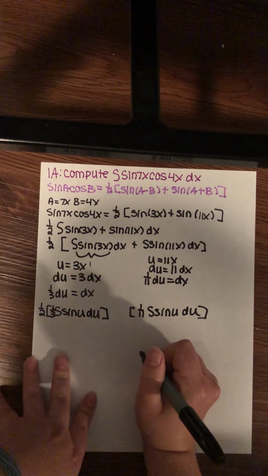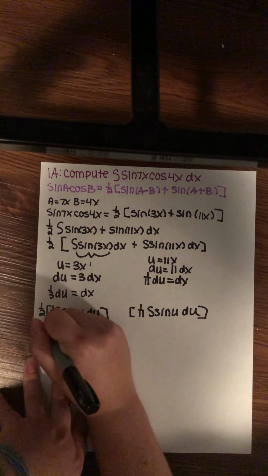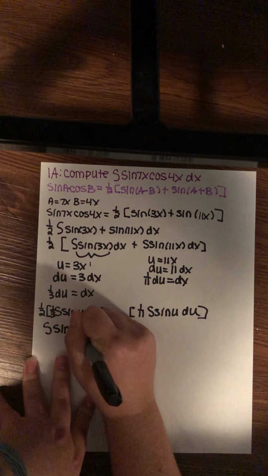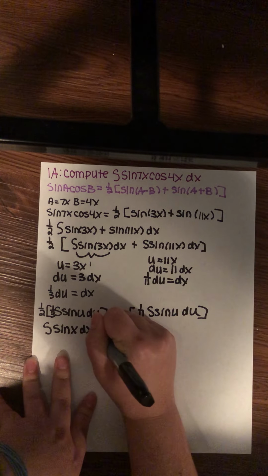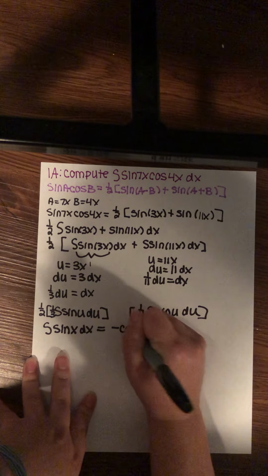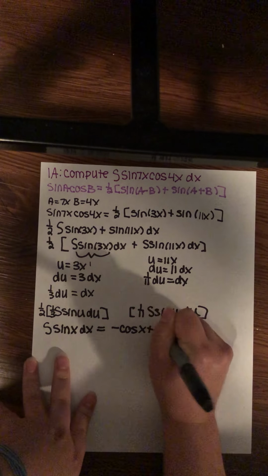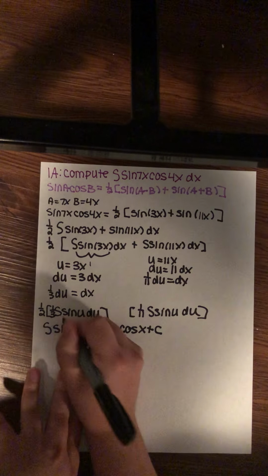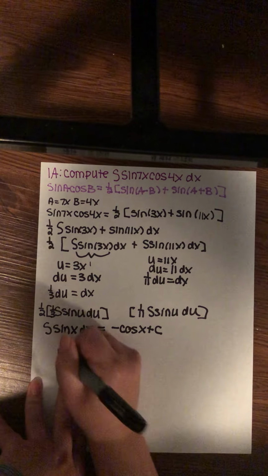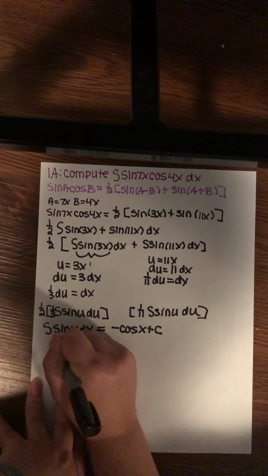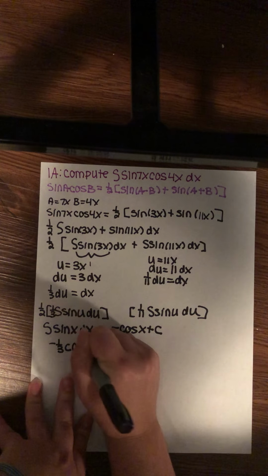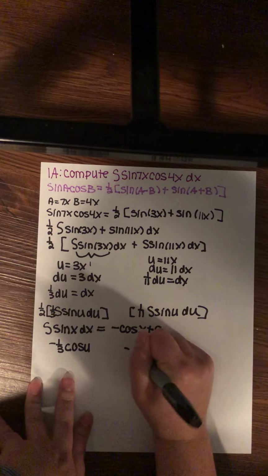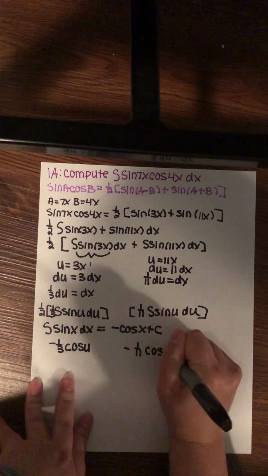So, the integral, and this is another identity that you should just know, of sine x dx just equals negative cos x plus c. So 1/3 sine u du would be negative 1/3 cos u. And then this would be negative 1/11 cos u.